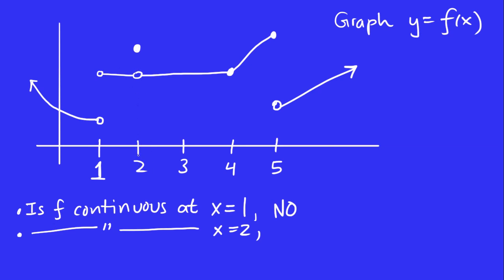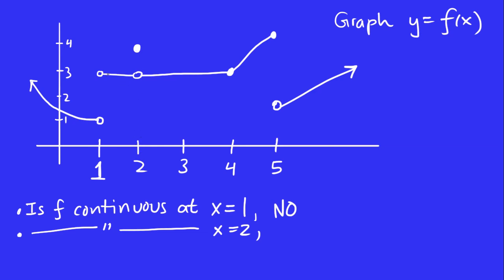Well, right now, unlike x equals 1, notice that when x is equal to 2, the function is defined there, right? Why don't we make up some numbers here if we really want to. So f of 2 is equal to 4, say, okay? So this is 2 comma 4. So f of 2 is defined, but is the function continuous at 2 or not?